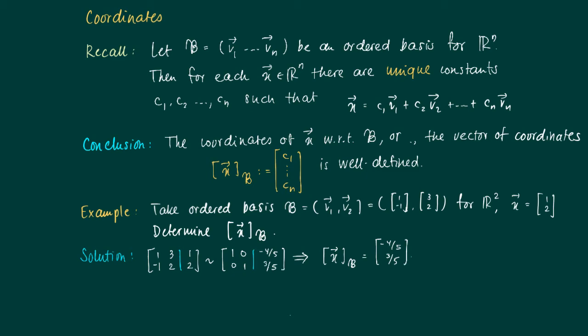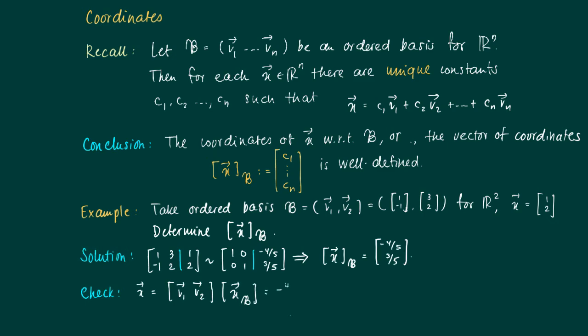Well, we may check if this is true. So check that x is indeed this special combination of the vectors v1, v2 by just multiplying [v1 v2] times the new coordinates xB.